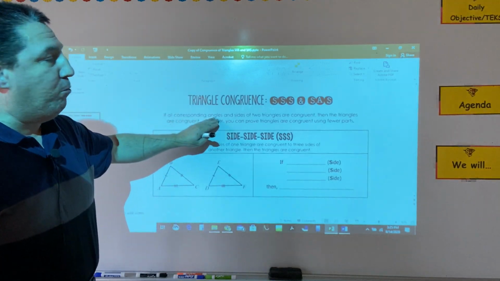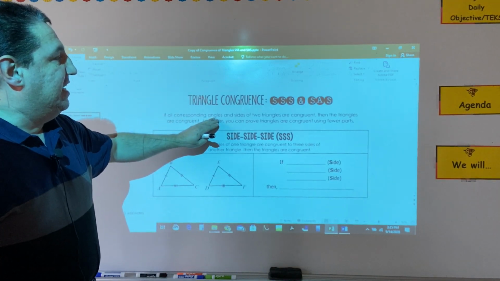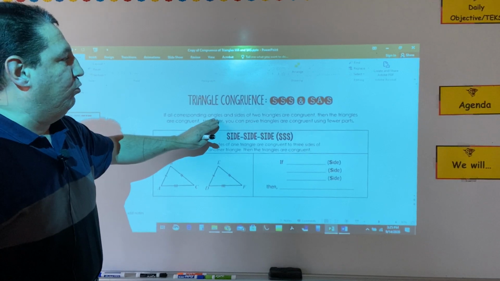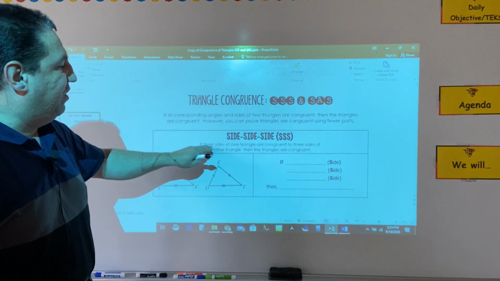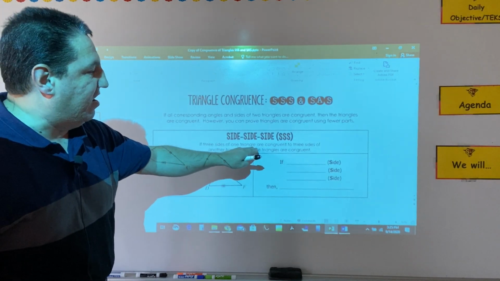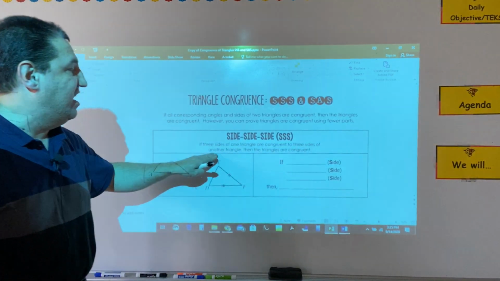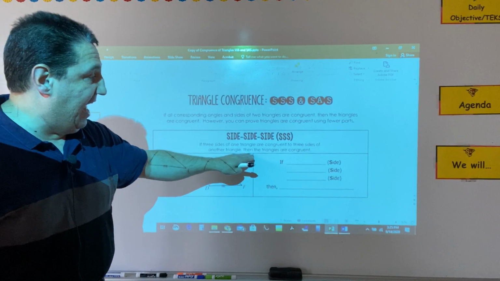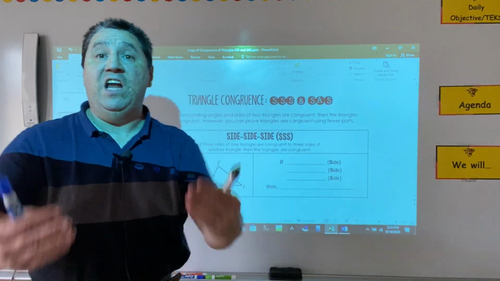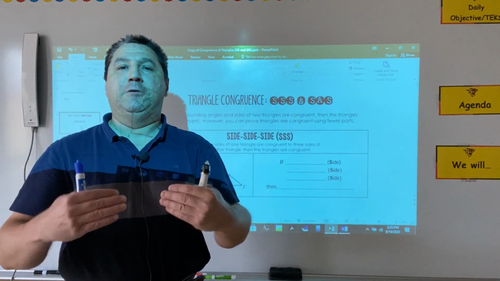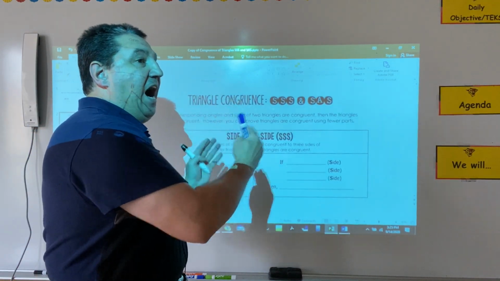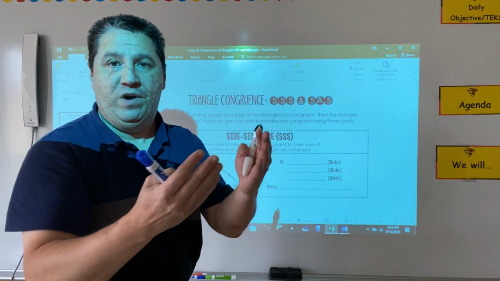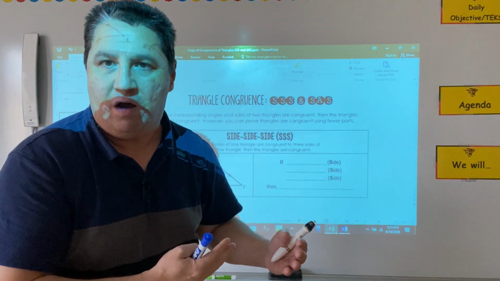If all corresponding sides of 2 triangles are congruent, then the triangles are congruent. So, if 3 sides of one triangle are congruent to 3 sides of another triangle, then the triangles are congruent. In other words, if we can prove the corresponding sides of the triangles are congruent, then the triangles are congruent.